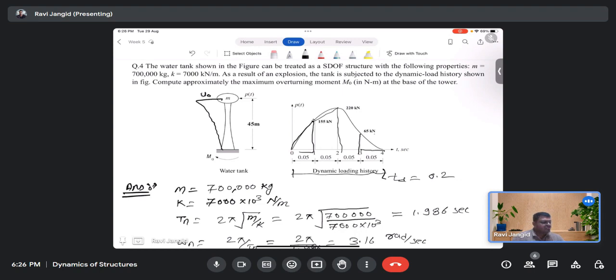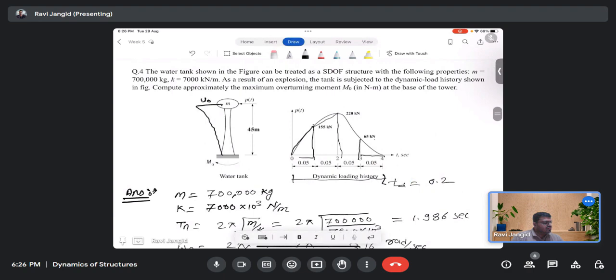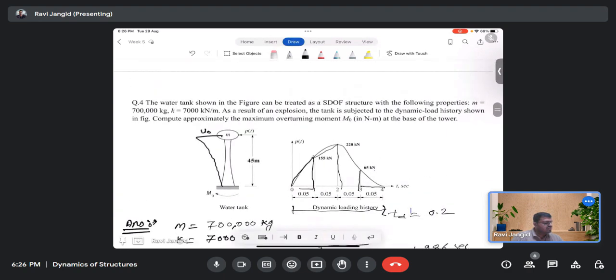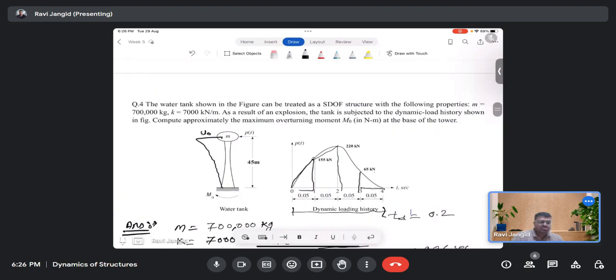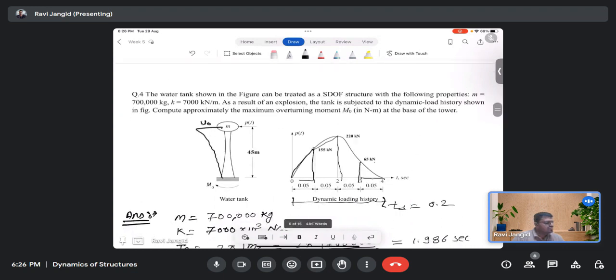So here I have shown you, let me zoom it so that you can find out your maximum zoom. Okay.